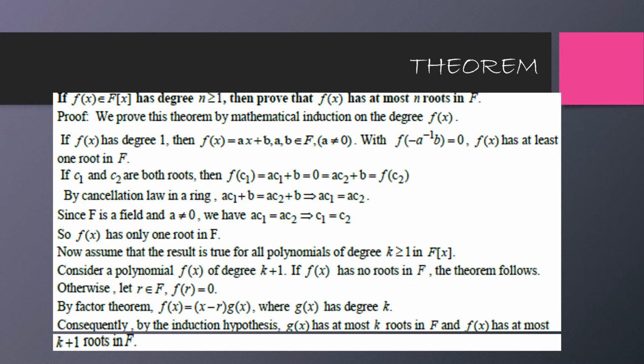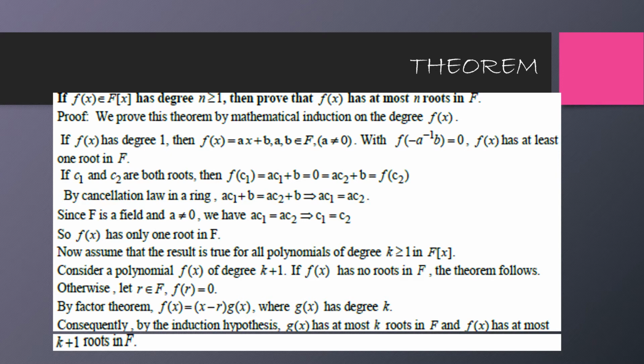Since F is a field and a is not equal to 0, again you apply the cancellation law. So a c1 is equal to a c2, which implies c1 is equal to c2. So f(x) has only one root in capital F. Which means c1 and c2 both are the same, so there is only one root here. So for n equal to 1 it is proved.